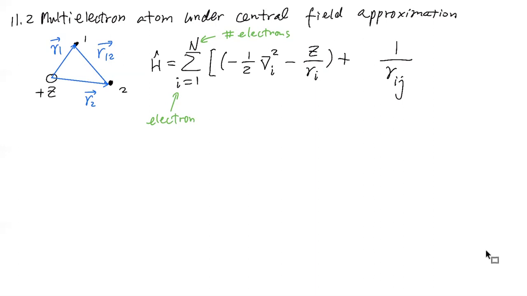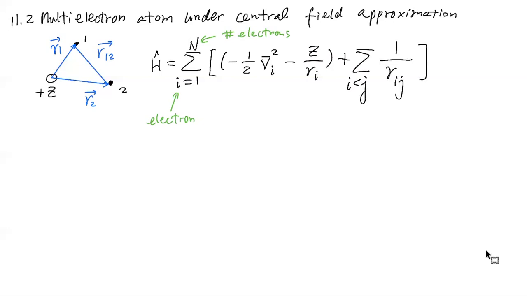You cannot count the same pair twice, otherwise you are double counting, right? That is, the Coulomb interaction between 1 and 2, which is 1/R12, is equal to the Coulomb interaction between electron 2 and electron 1, which is 1/R21. You can only write down this term once, otherwise you are double counting the Coulomb interaction. So by writing a summation here, we specify i must be smaller than j.